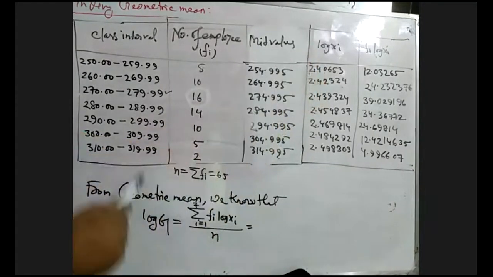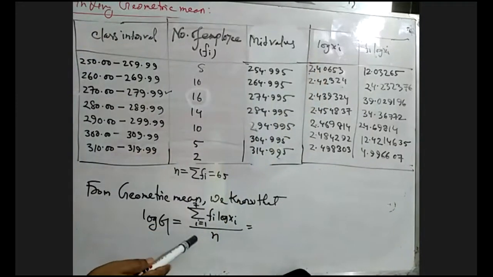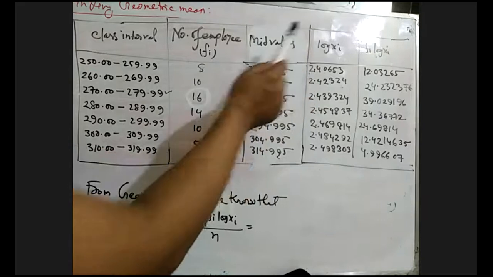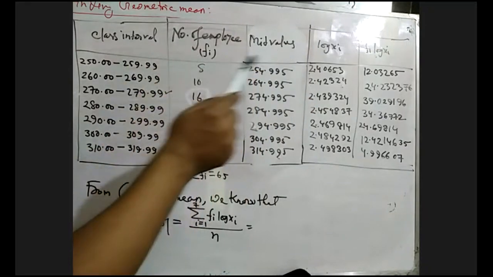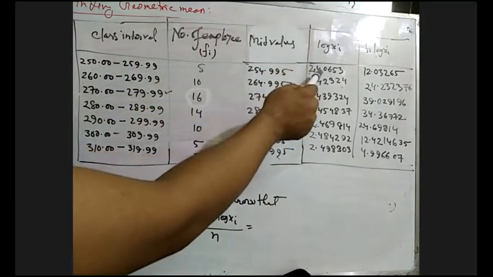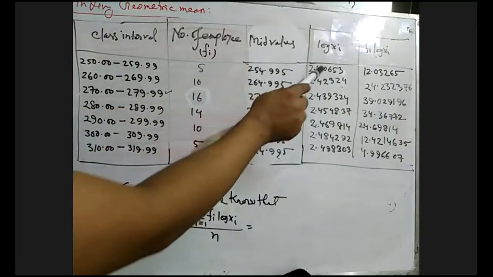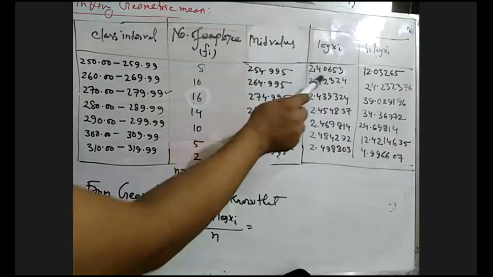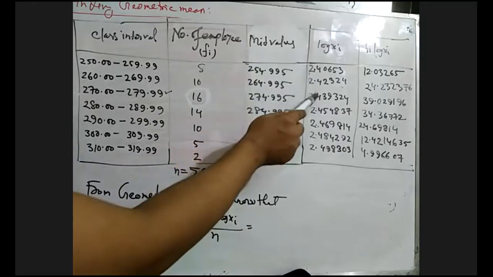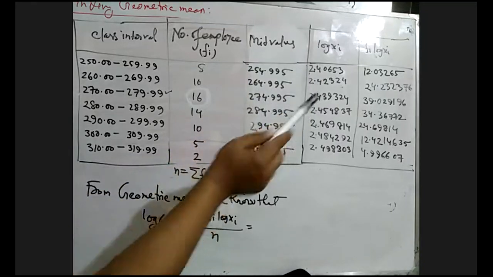To find the geometric mean, we have to find the relationship between log and mid values, log xi. Okay, this is log xi, taking log of the mid values. First mid value will give this log, second mid value this, third mid value will be this, and log of the fourth mid value will be this.